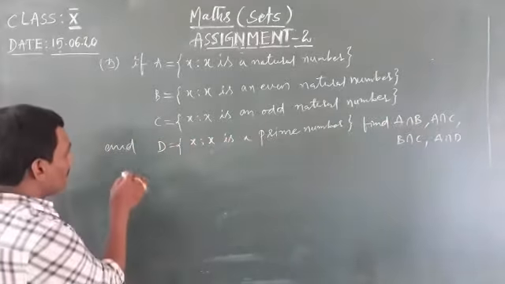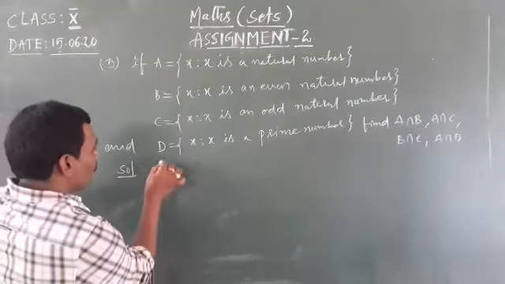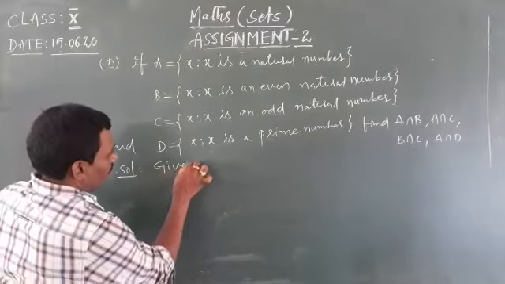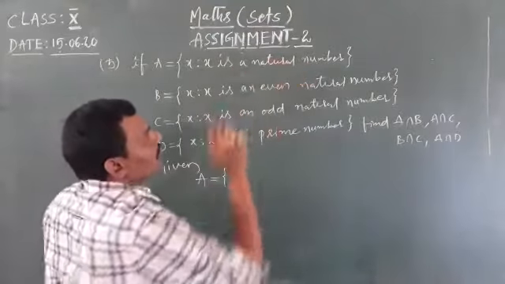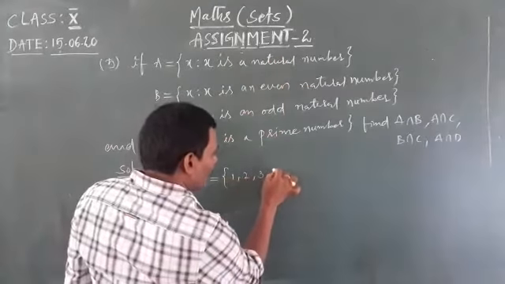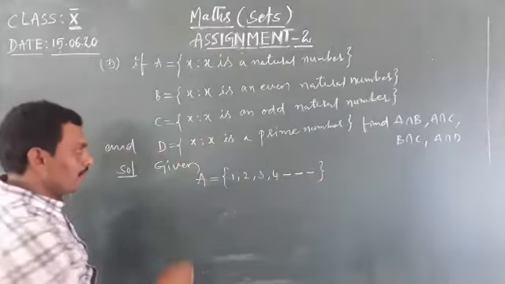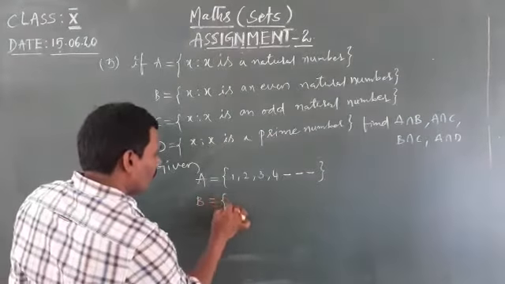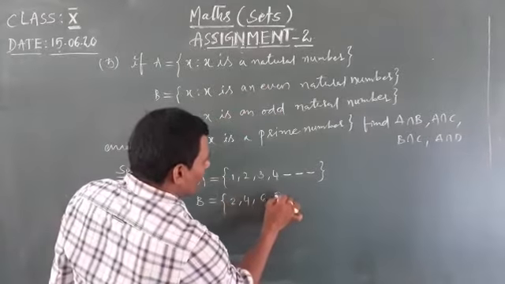So the first answer: A is given as natural numbers 1, 2, 3, 4 and so on. B is the even natural numbers 2, 4, 6, 8.